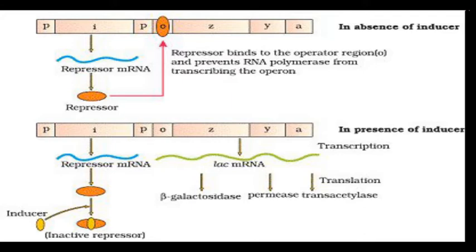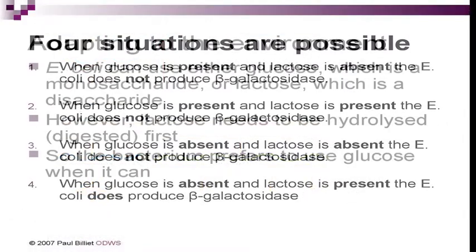So this permease is the one which increases the permeability of the cell to lactose. Another one is the A gene, which encodes for transacetylase. So hence all these three gene products in lac operon are required for the metabolism of lactose to take place.